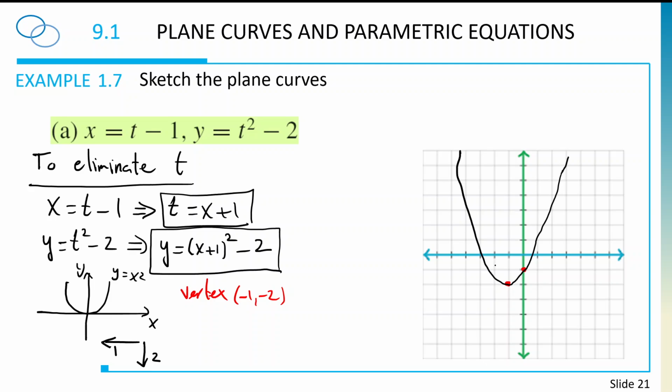Notice that it's defined everywhere. If I need to check the orientation, again, you can always take any 2 points. So t, x, y, you could take any 2 values for t, 0 and 1, let's say. You'll notice that the orientation is this way.